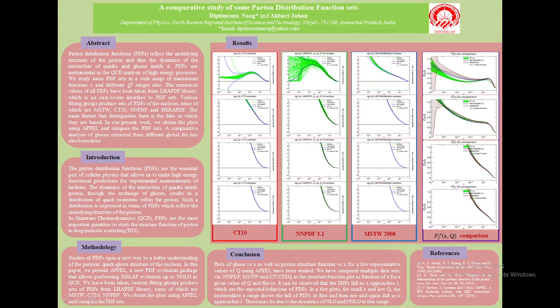In a few plots for small x and low Q, the intermediate x range shows the fall of PDFs at first and then rise and then again fall as x approaches 1. This may be due to the dynamics of NLO and NNLO in this range.